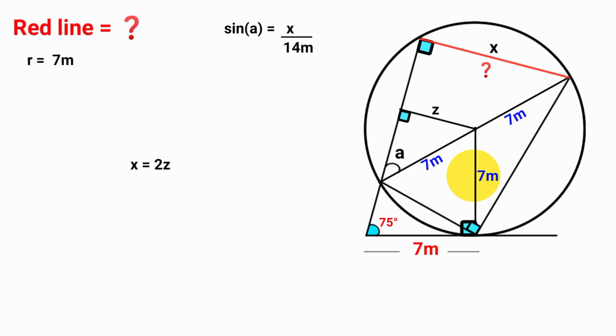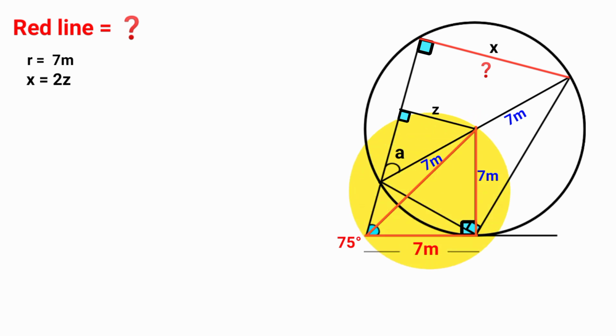The next thing we are going to do, we come here, draw a line that connects this point and this point. Now look at this triangle. It is a right angle triangle, and we have this side and this side equal in length. That is, it is an isosceles right angle triangle.